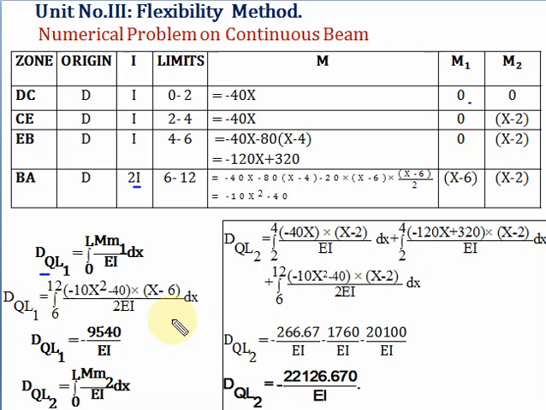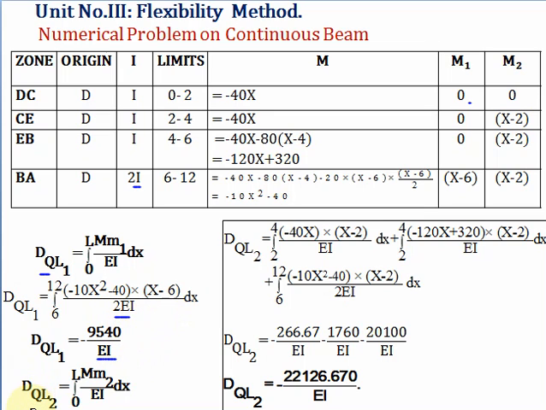Now by solving this integration directly on the calculator, we will get the value of DQL1. After solving, the value of DQL1 is minus 9540 upon EI. Very important is how we put the value of EI, and many times students make a mistake in putting the value of EI. So be careful while putting the value of EI.